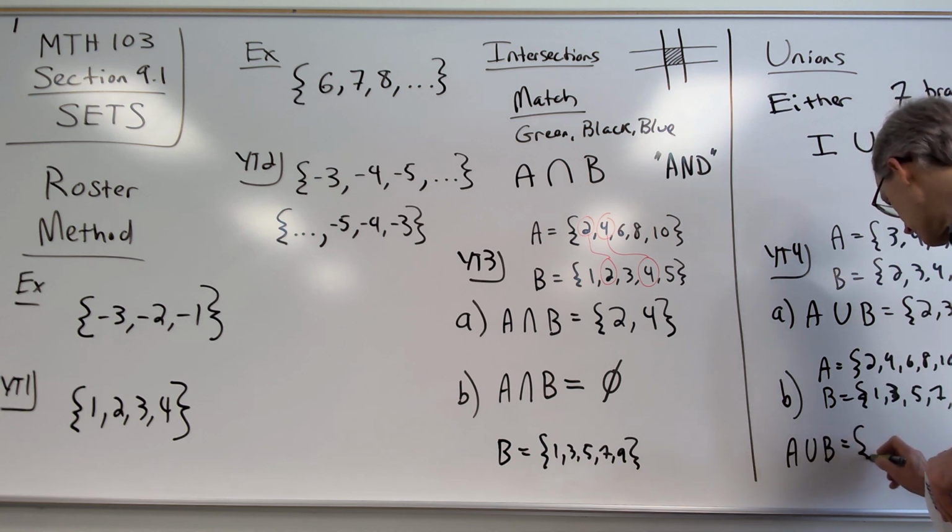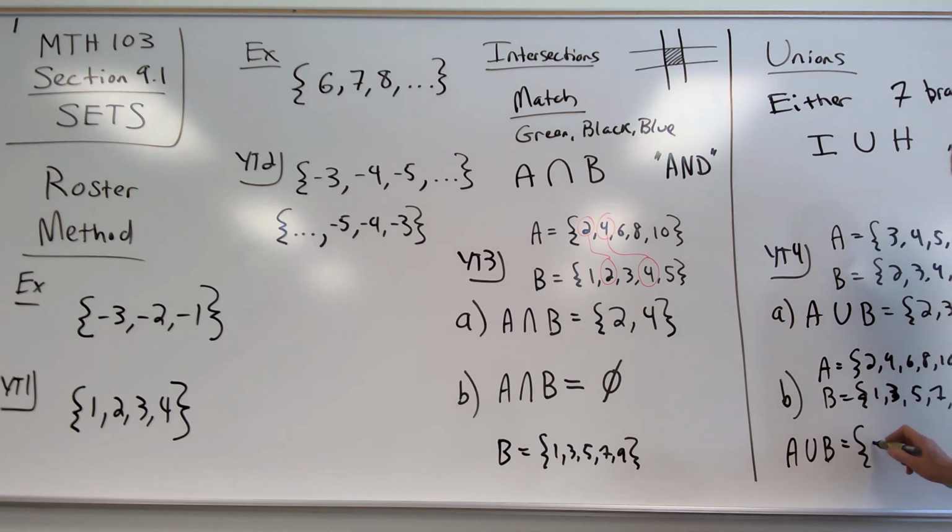So the union is all numbers between 1 and 10. So I'm going to write it using some ellipses, establish the pattern 1, 2, 3, continues on, and finish off 8, 9, 10. So it saves a little bit of writing that way. And so 1, 2, 3, 4, 5, 6, 7, 8, 9, 10 is the union of A and B.